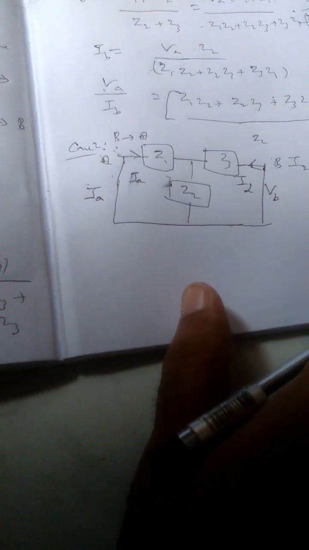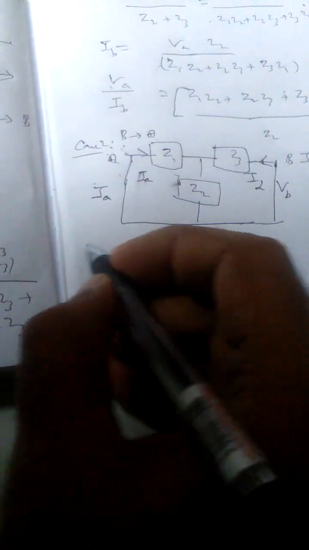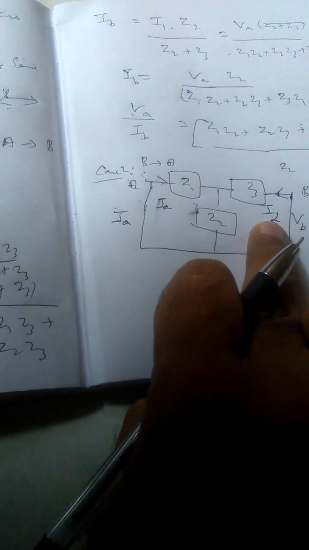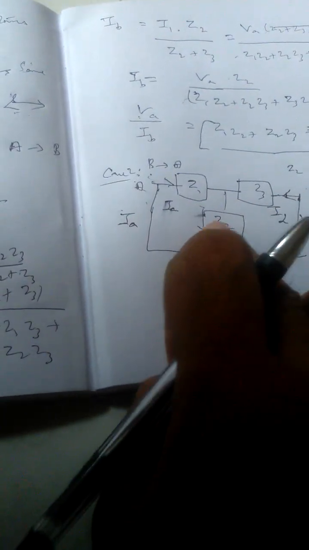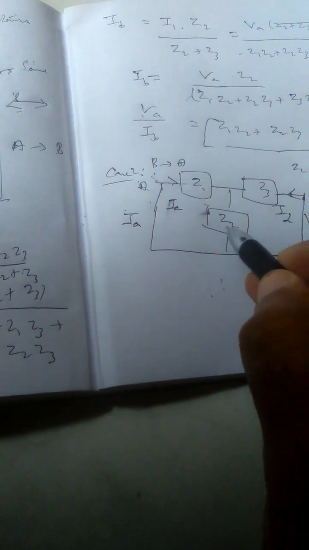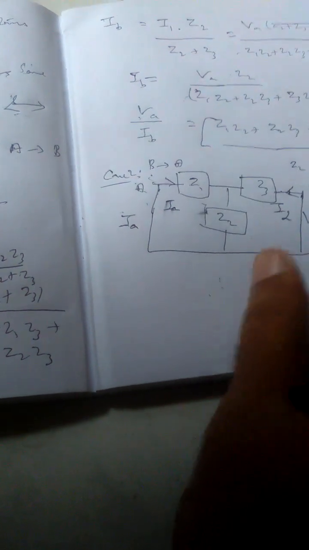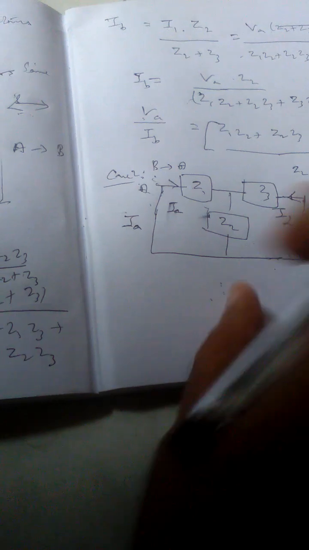Now once again applying the current division rule, I can write IA equal to I2 into Z2 by Z1 plus Z2, since the current is divided among the two resistances Z2 and Z1.